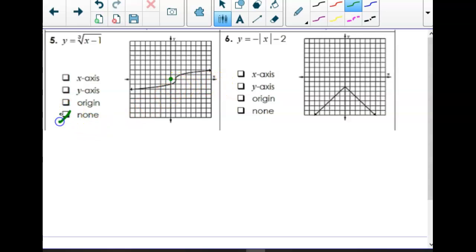So this has none. Okay. What about number 6? The y-axis runs right down the middle, so this has y-axis symmetry. What is that called then? Even function.